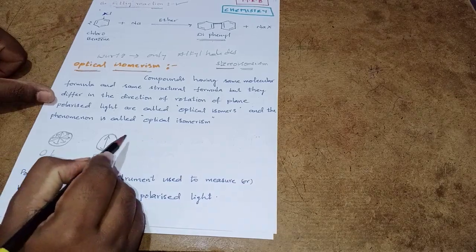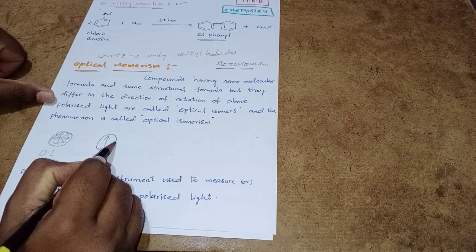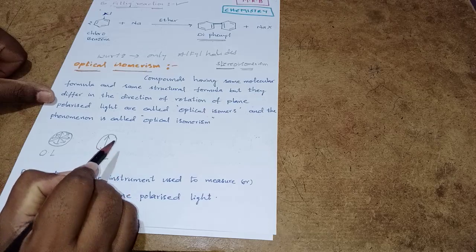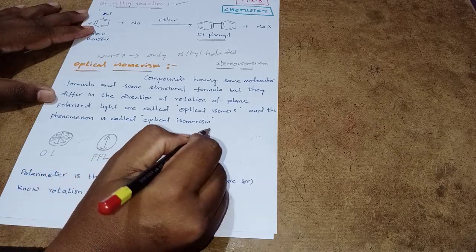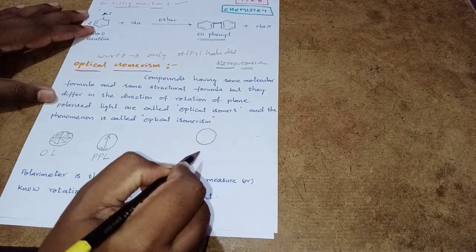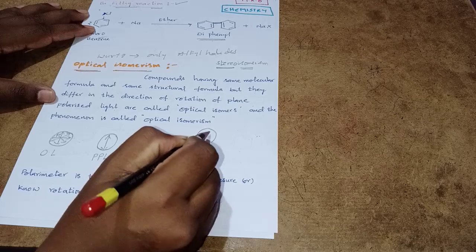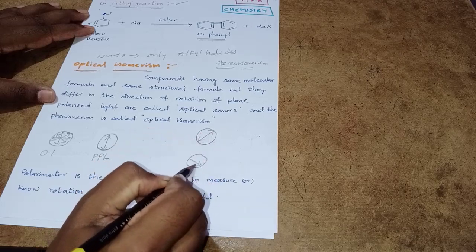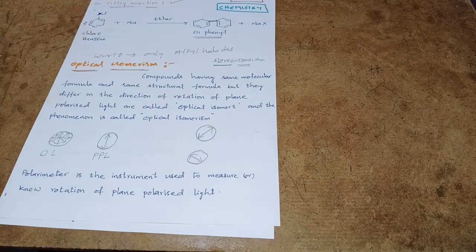Now our organic compounds have the capacity to rotate this plane polarized light. The rotation will be of two types, either clockwise direction or anti-clockwise direction.